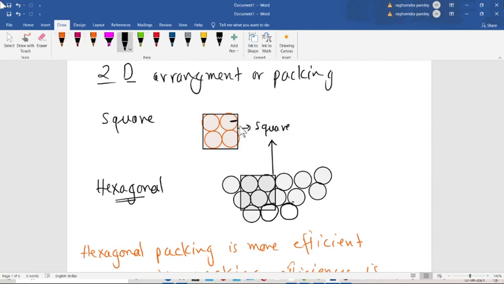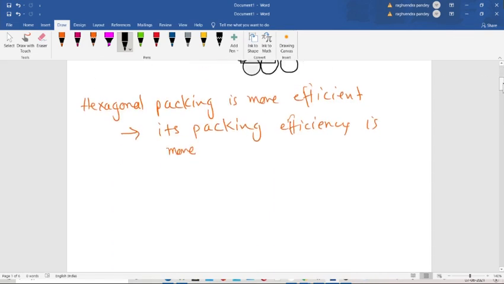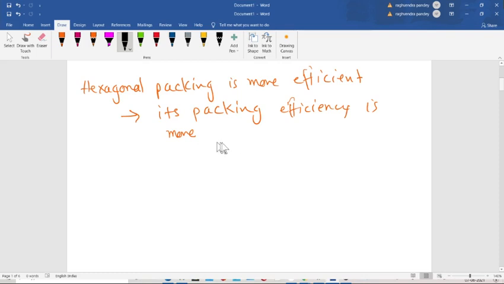Suppose this is a radius r, and similarly here it is also radius r. So more radius, more area is there. So packing efficiency is more.